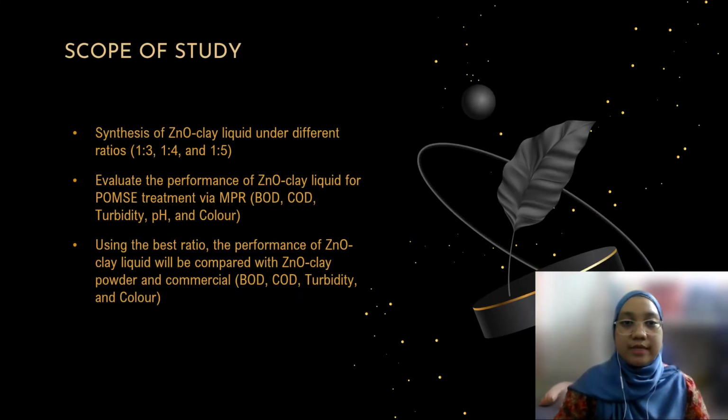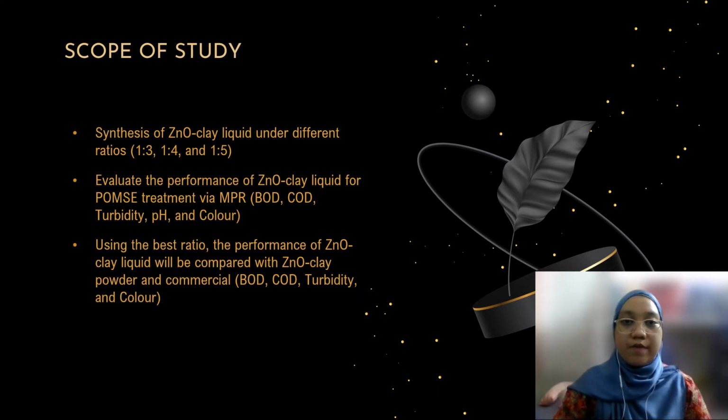The scope of the study is to synthesize zinc oxide clay liquid under different ratios, which are 1:3, 1:4, and 1:5. Ratio differences are able to give different performance to the POMSE treatment process. This study will evaluate the performance of zinc oxide clay liquid for POMSE treatment via Membrane Photocatalytic Reactor (MPR).